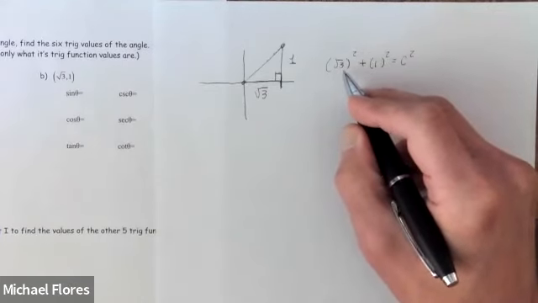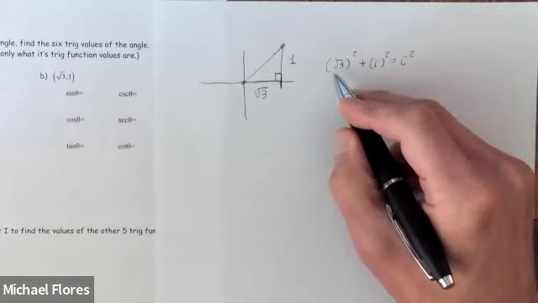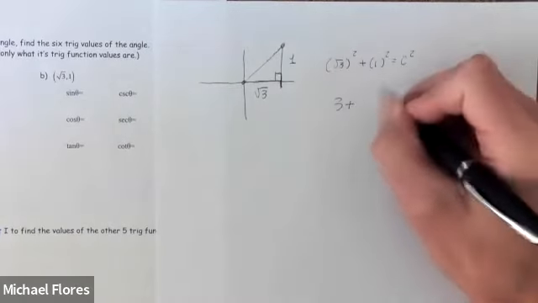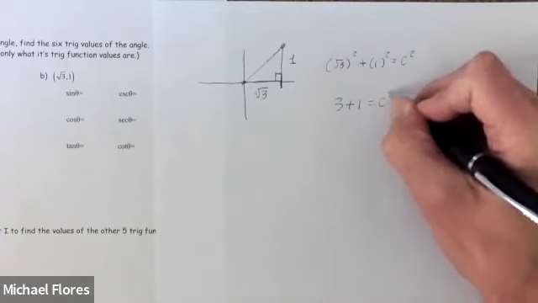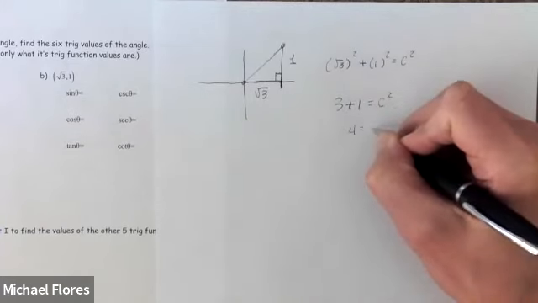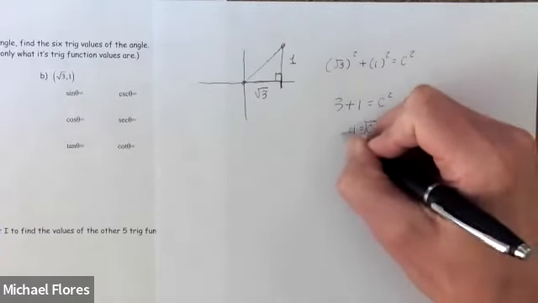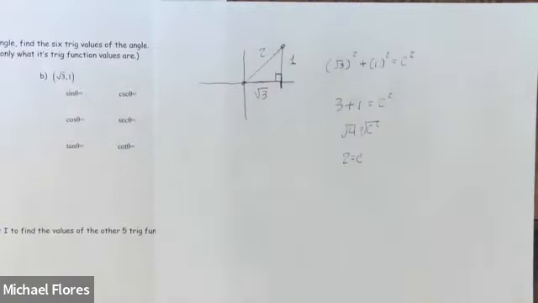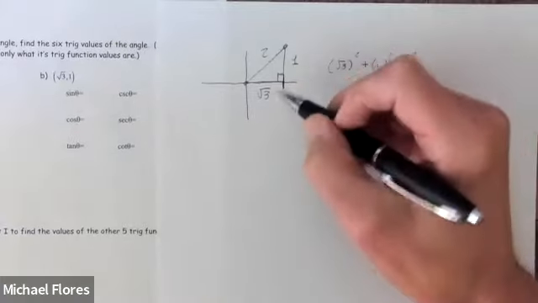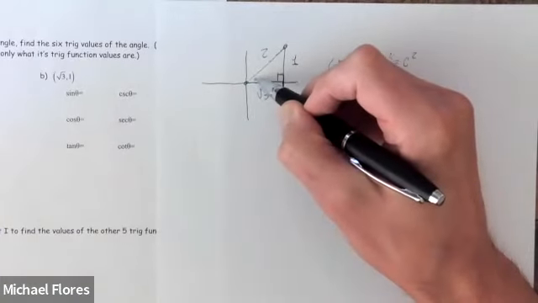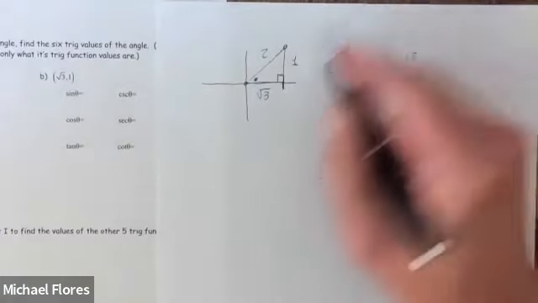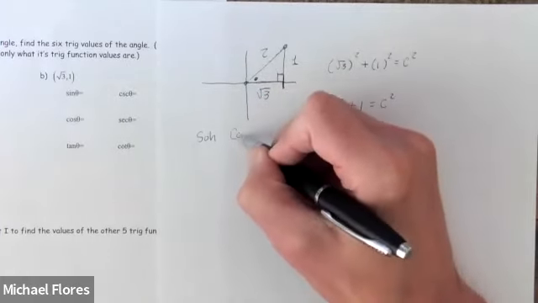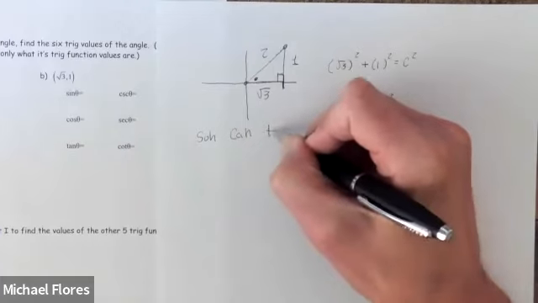So square root of 3 times square root of 3 is the square root of 9, and the square root of 9 is 3. Remember, angle theta is going to be here. So we're going to use this as a reference point to do SOHCAHTOA.